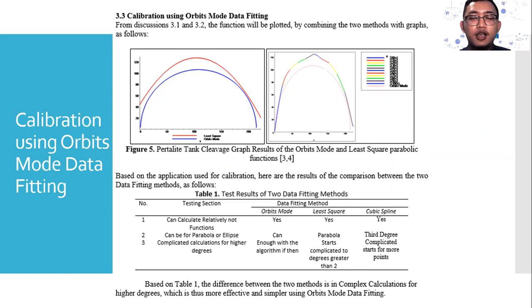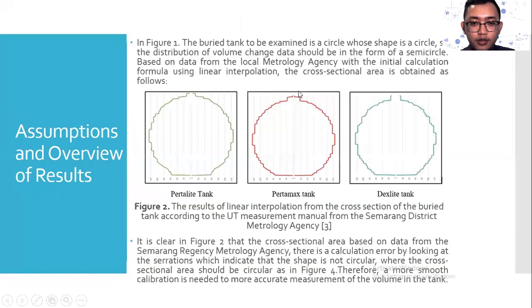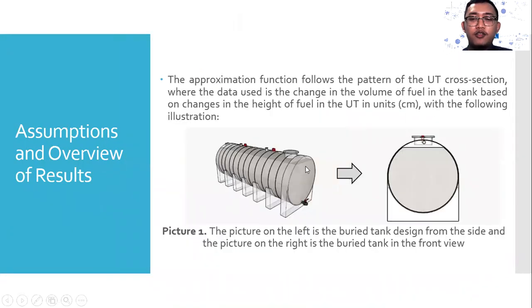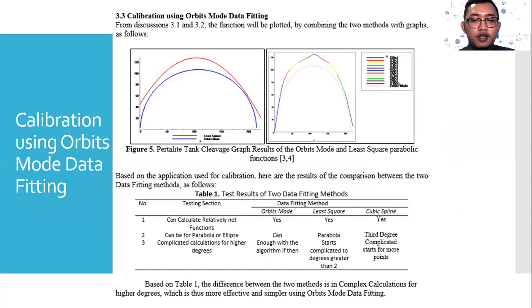The result is that the orbit mode function is above the least squares. Why? Because the end of the underground tank is not flat, but makes some convex shape.